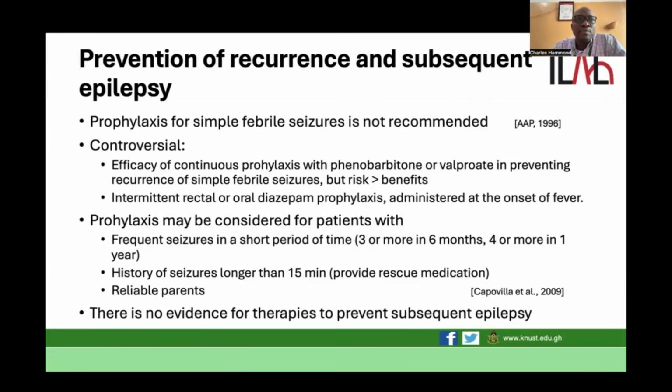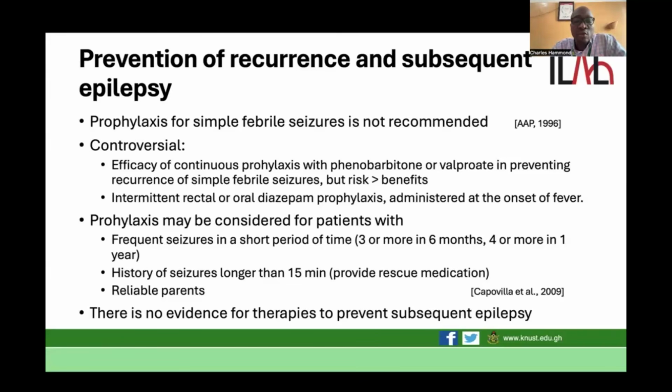And again, some authorities will use intermittent rectal or oral diazepam as prophylaxis. When the child has a febrile illness, they will give rectal diazepam. This is again controversial because the risks outweigh the benefits.